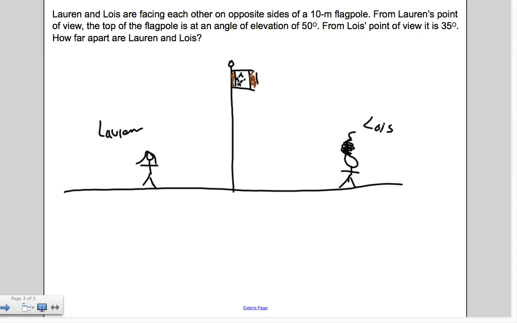So we'll go from the top of the flagpole to Lois. Getting better. So what about the angle at the bottom? I'm talking about the angle of elevation, which is 35 degrees. It's the same for Lauren, hers is 50 degrees.